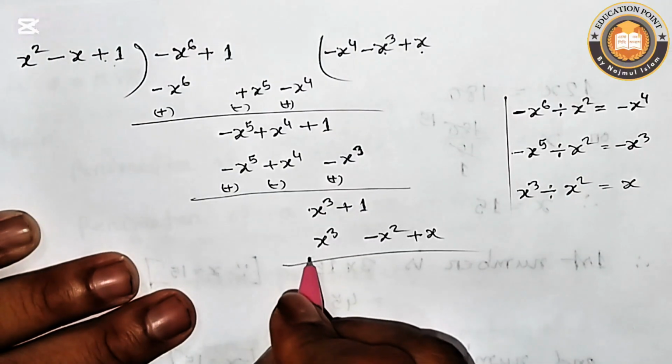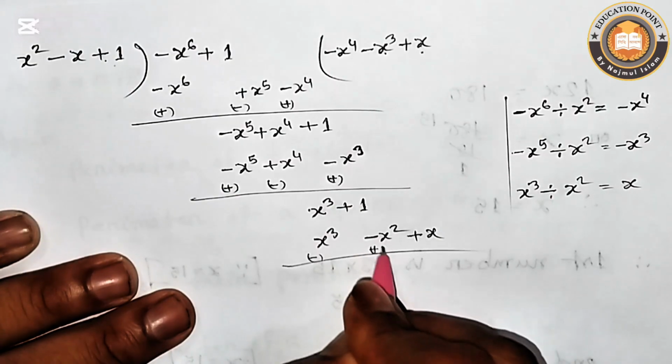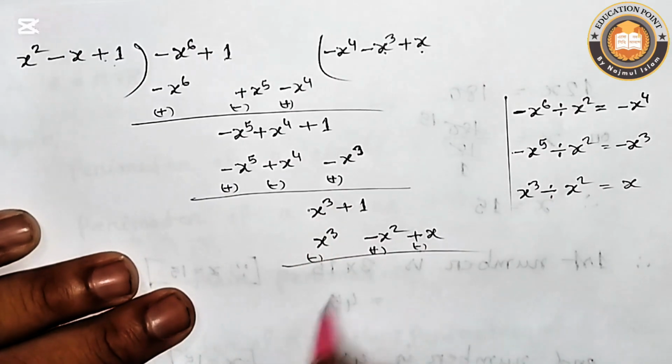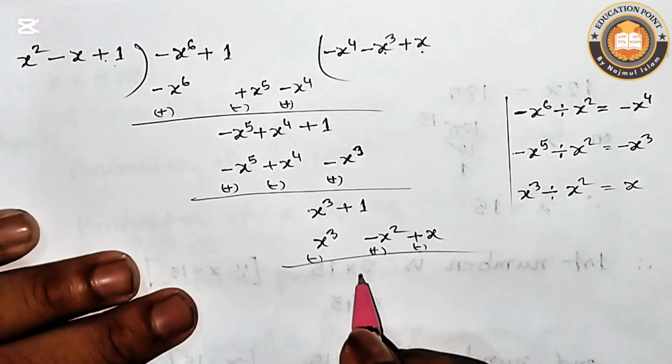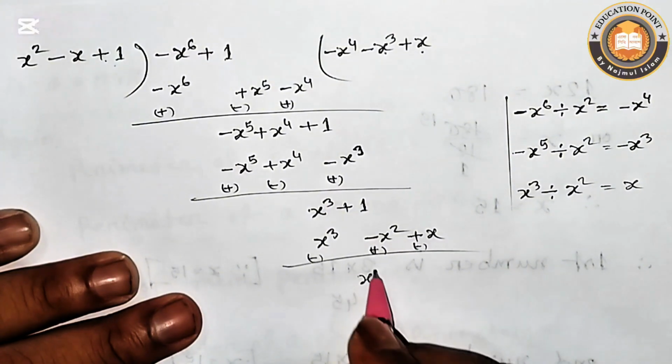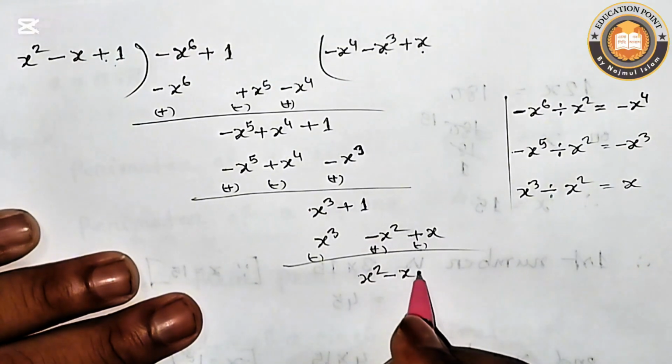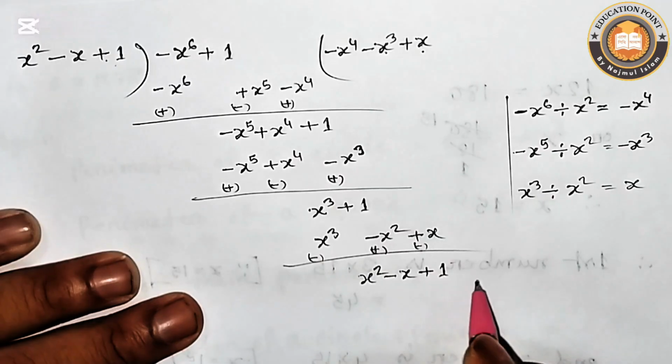According to the division law, symbols will be changed. Plus x cube minus x cube equals 0. Then we can write x square minus x plus 1.